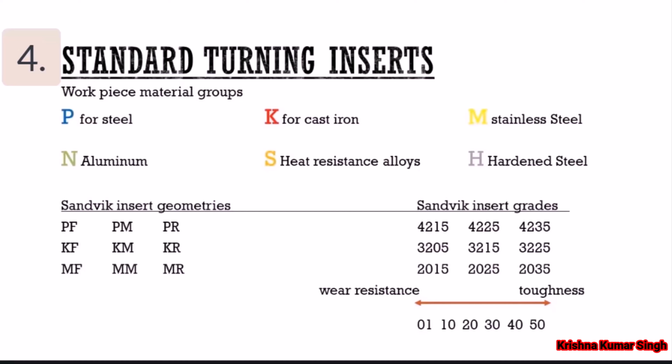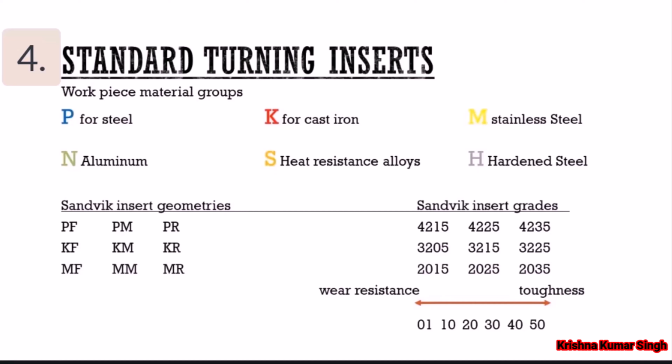P indicates the chip breaker is suitable for P group materials, meaning steels, while F stands for finishing, M for medium, and R for roughing. So, PF is a chip breaker suitable for finishing operations on steel, PM is suitable for medium operations, and PR is suitable for roughing and interrupted operations on steel. Similarly, you can have KF, KM, KR, MF, MM, MR, and so on.